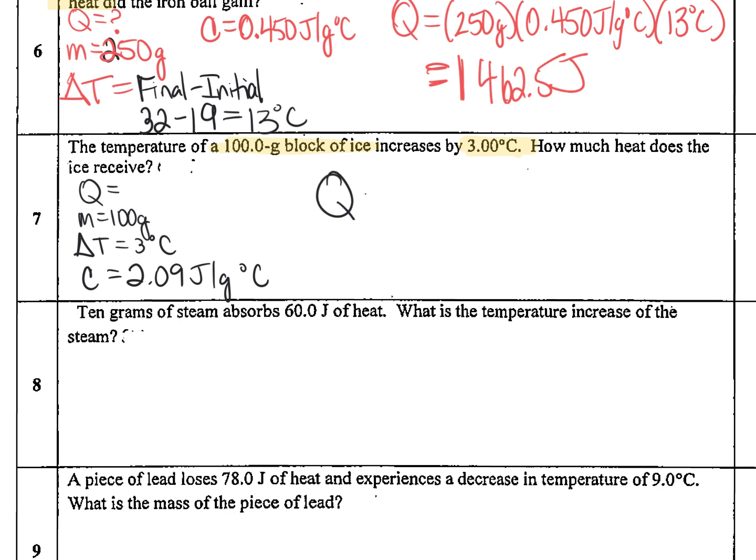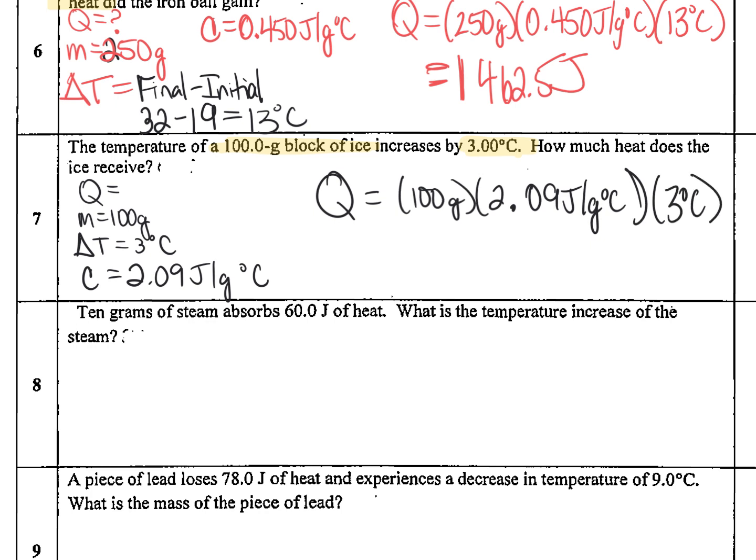So to calculate our Q, we're going to take our mass of 100 grams. We're going to multiply that by 2.09 joules per gram degrees Celsius. And then we're going to multiply that by 3 degrees Celsius in temperature change. So that means that we are going to get a Q of 627 joules.